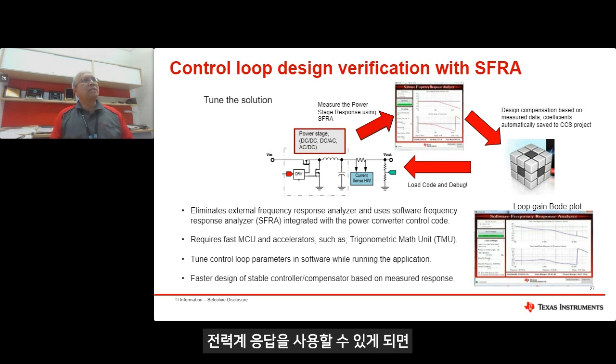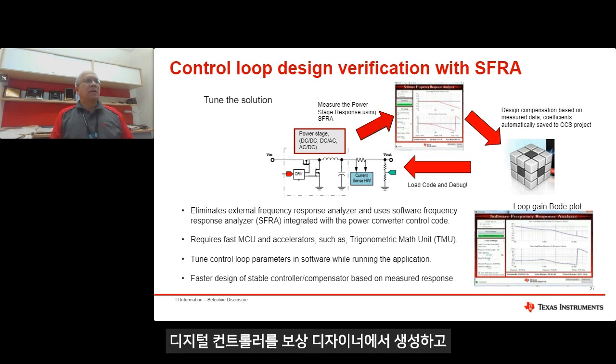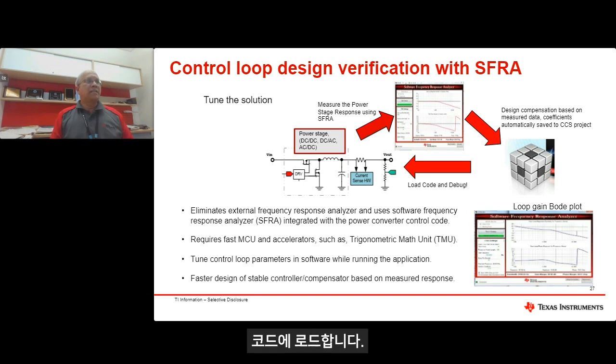Once the power stage response is available, you can take this to a compensation designer where you can add your control poles and zeros and gain, and look at the Bode plot of the complete loop. Once the loop response looks fine, the digital controller can be generated from the compensation designer and loaded into the code, and you run the code from the microcontroller, and that way you can optimize the control loop.